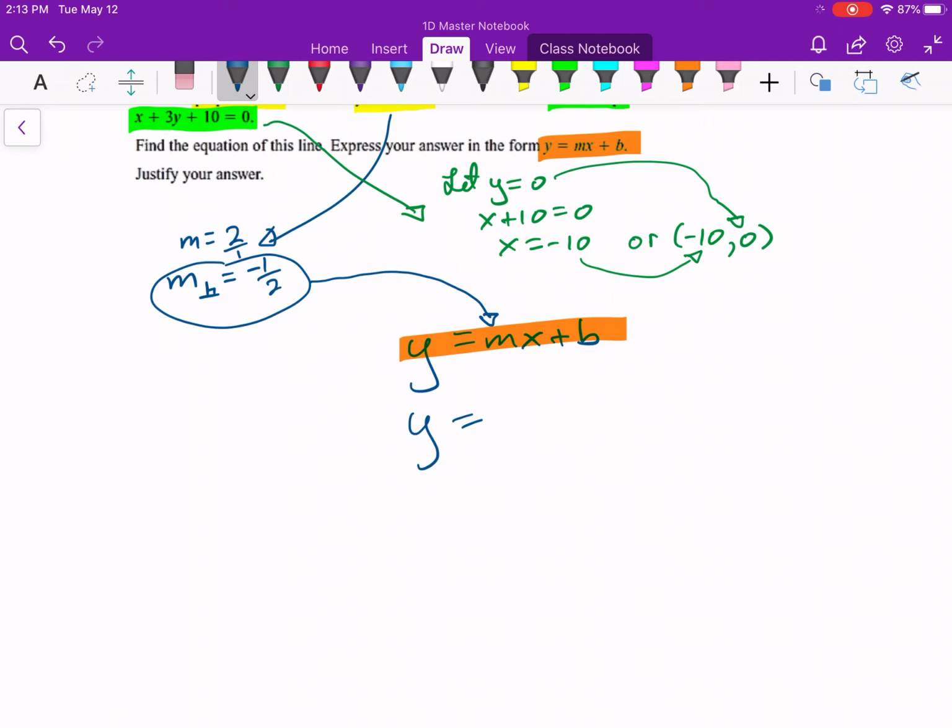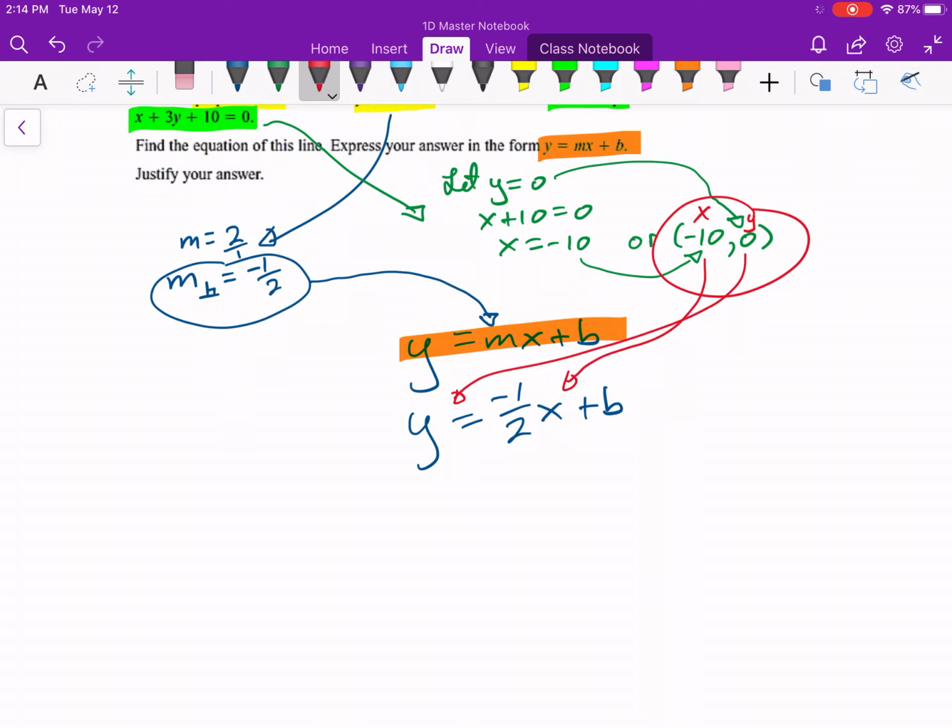Y equals -1/2 x plus b. I don't know what the y-intercept is of the one I want. All I know is that it goes through this point here. And if it goes through this point, I can use this as my x-coordinate, and this is my y-coordinate. And with some more arrows, x would go here, y would go here.